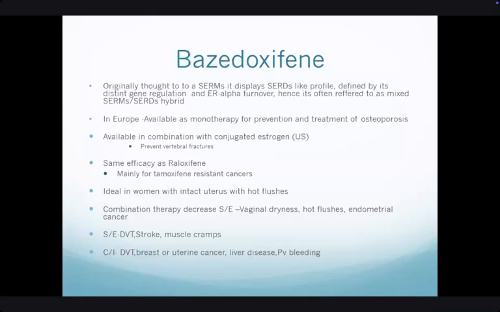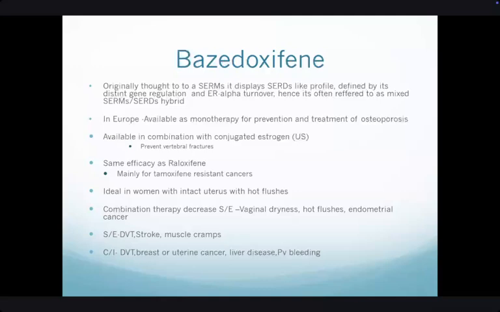Hence, it's often referred to as a mixed SERM and SERD hybrid. Bazedoxifene binds to the estrogen receptor with high affinity and acts as a potent antagonist, inhibiting estrogen-induced proliferation. In Europe, it is available as a monotherapy for prevention and treatment of osteoporosis. In the US, it's available in combination with conjugated estrogen for prevention of vertebral fractures. And in South Africa, we don't have it.